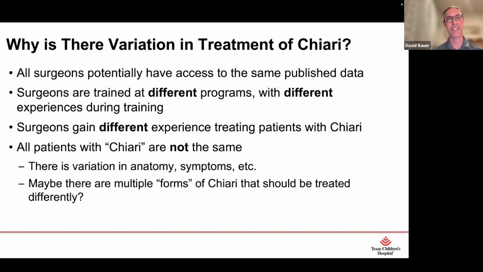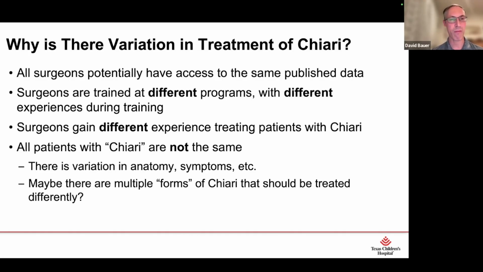All surgeons potentially have access to the same published data. So this is true. All surgeons can go on the internet and look up studies, but surgeons do train at different programs, and there are different experiences during training at these programs. Surgeons also gain different experience treating patients with Chiari malformation.